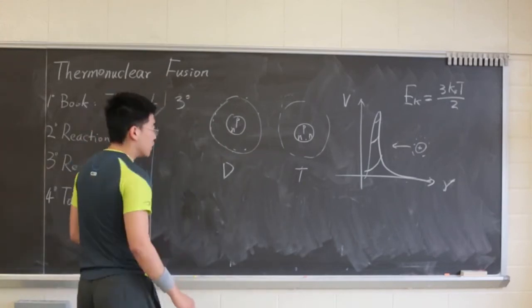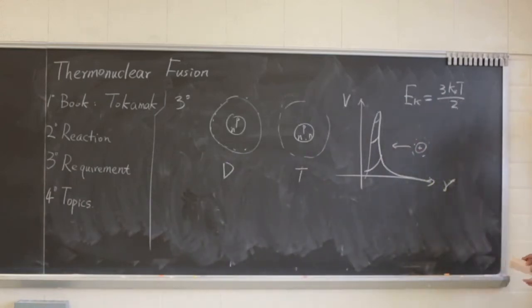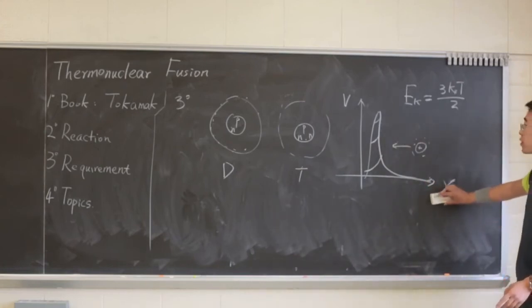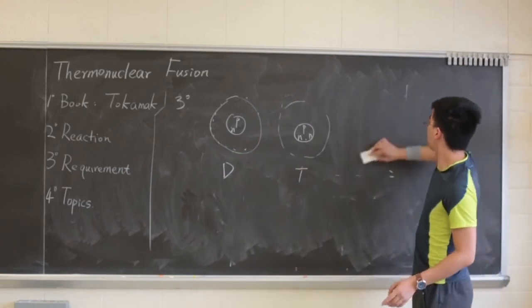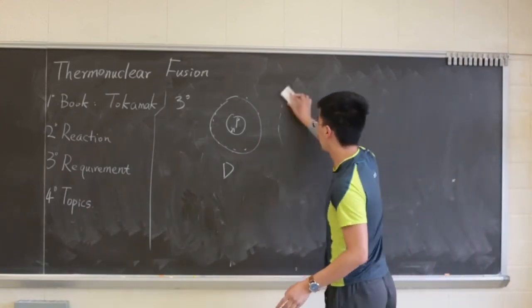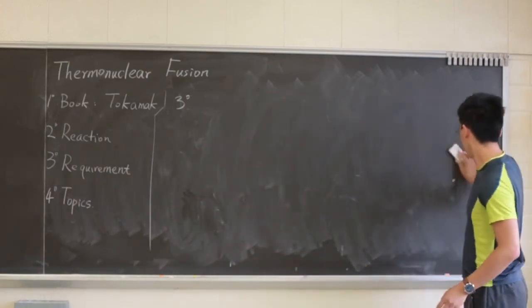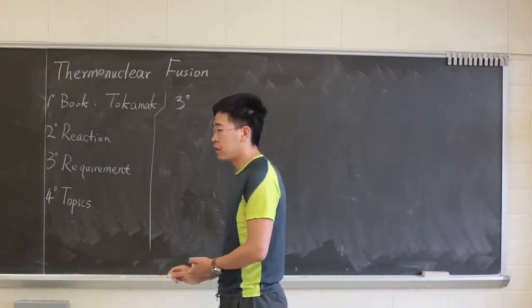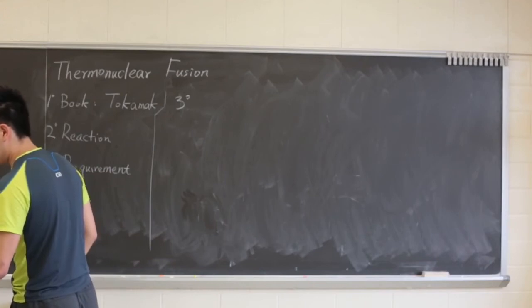So the book didn't use this approach to solve that. For me, this is my conceptual understanding of the criterion of fusion. But the take of the book is basically using power balance.